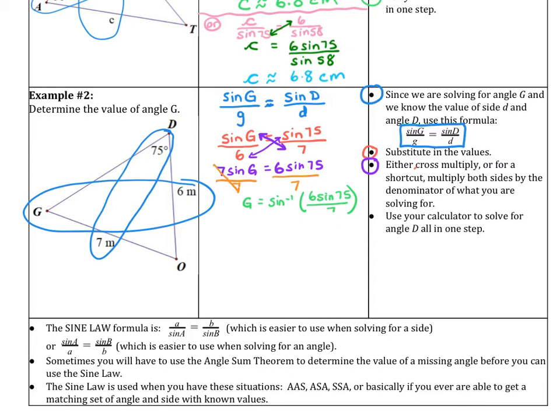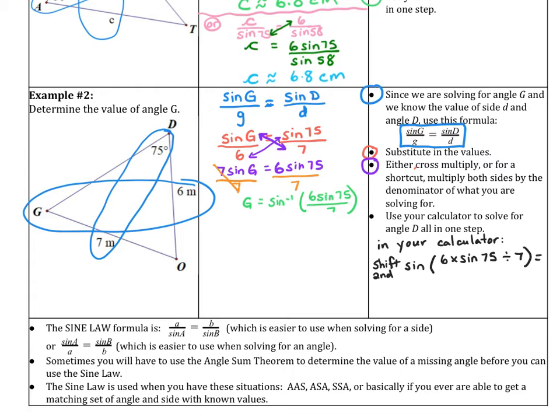So in your calculator, this is what you're going to type. Either shift or second, sine, and then bracket 6 times sine 75 divided by 7, close the bracket, equals.